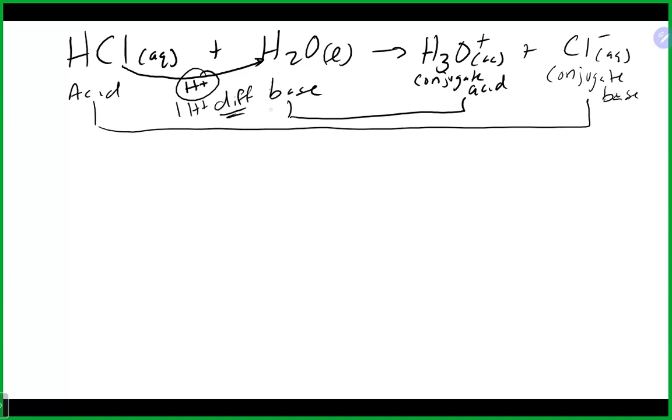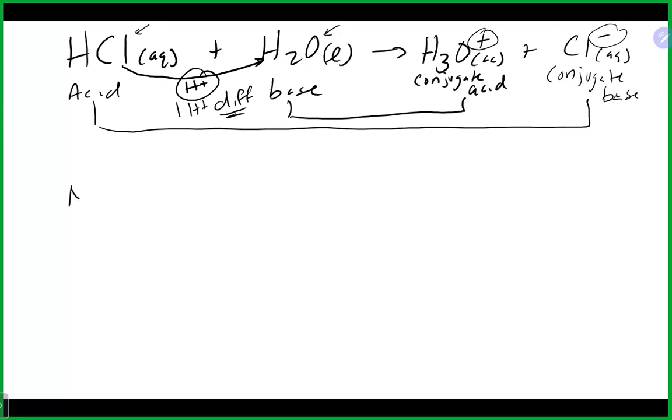So in order for something to be considered a Bronsted-Lowry acid-base pair, the absolute only difference there is one H plus. We also talked about the plus part of that hydrogen being transferred and accepted. Again, when you lose an H plus, you become one more negative, which is why we end up with Cl minus on the right-hand side. When you gain an H plus, you become one more positive. So again, the charges also change along the way.